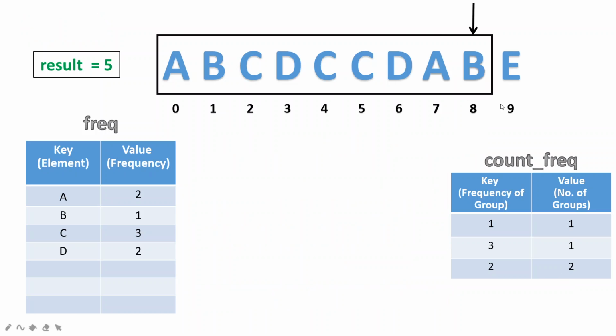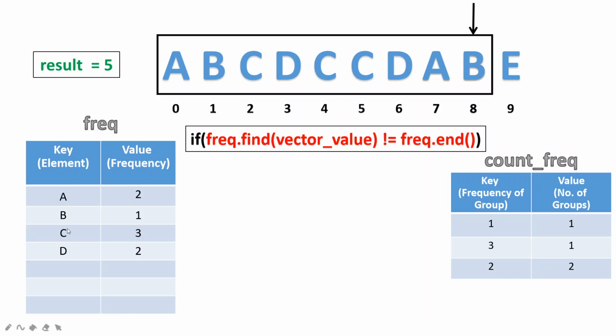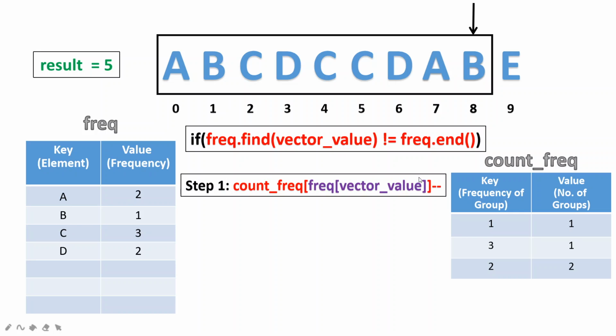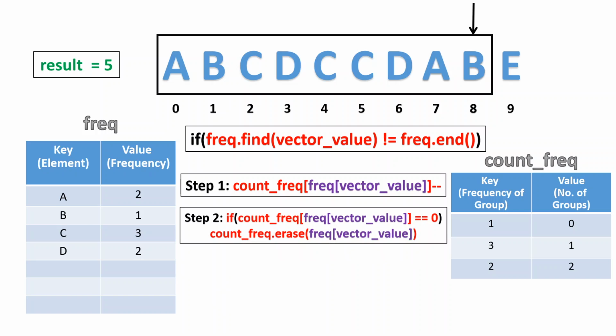We include B. Check if it is present, yes it is. Step 1 is to decrement the value, so B points to 1, 1 points to 1, and we decrement it, so this becomes 0. So what we have here is 0. Next step is because this is 0, we'll erase the whole element.